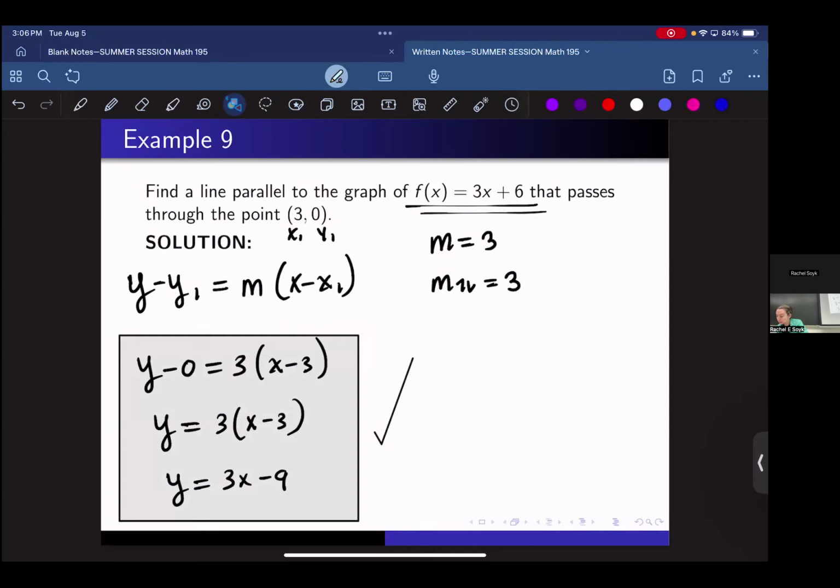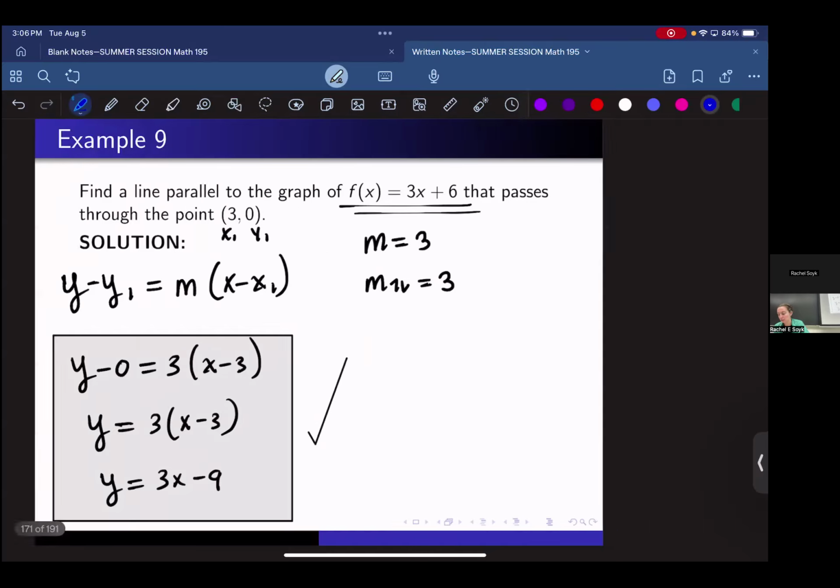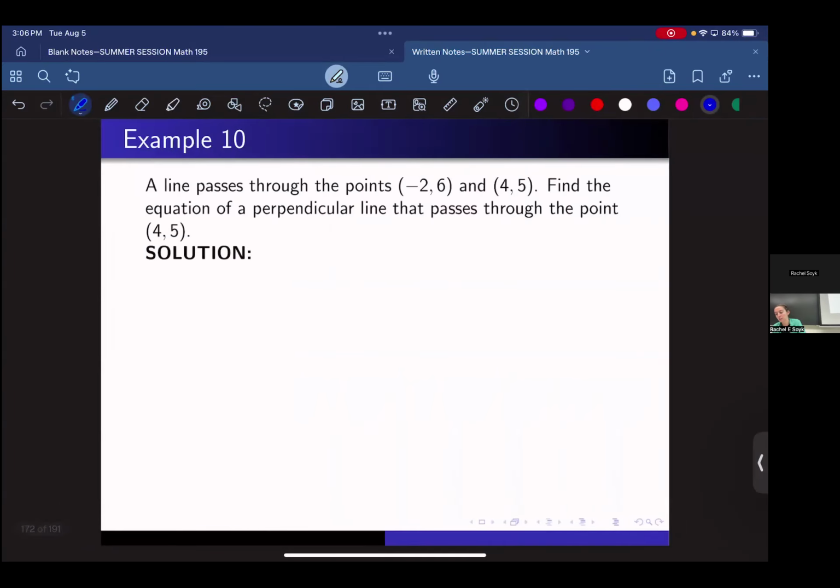And then finally, we have our last example for today, which is our example 10, where we're going to be utilizing the whole change in y over change in x. 5 minus 6 over 4 minus negative 2 in order to get our slope to be negative 1 over 6. And it says find the equation of a perpendicular line that passes through the point.